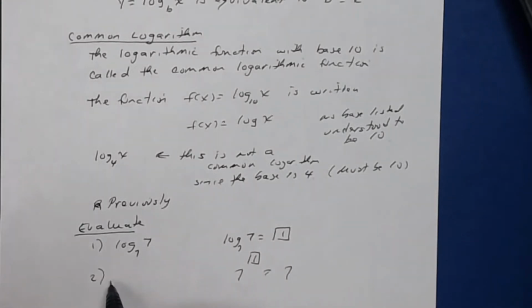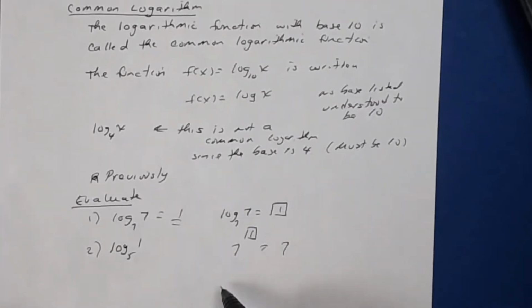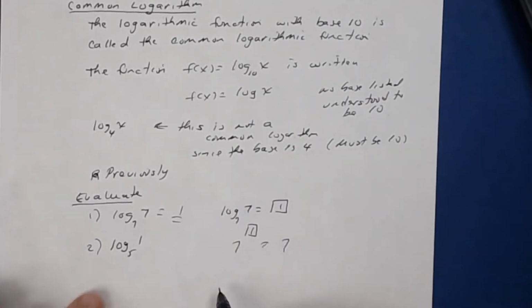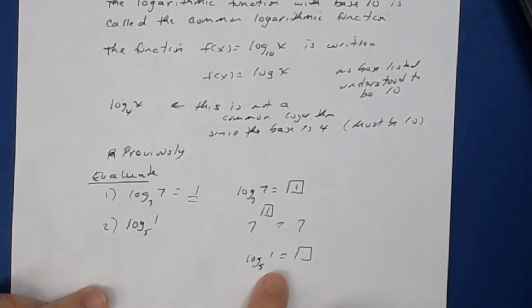Okay. We also saw this. So number 2, we also saw that the log of 1 base 5, let me make sure and say that's 1. Okay, so then the log of 1 base 5, what does that equal? Well, here's what we did as well. We did the same thing. We said the log of 1 base 5 is equal to, I'm trying to figure that out. And so now, since I wrote this as a log equation, I'm going to write this as an exponential.